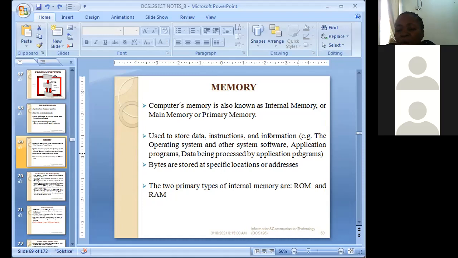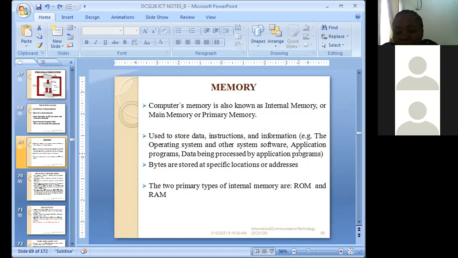Now, students, I want you to understand, we're going to see how they are stored, because I did say earlier that the internal memory is used to store your data temporarily while the computer is working. But I will explain why it also allows you to store the operating system and some specific system software. We'll get to know that later.